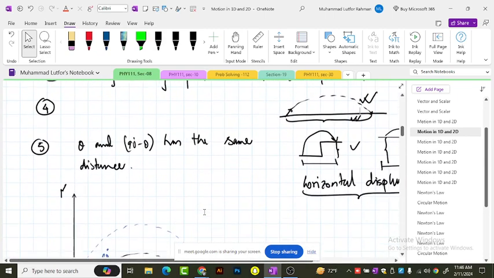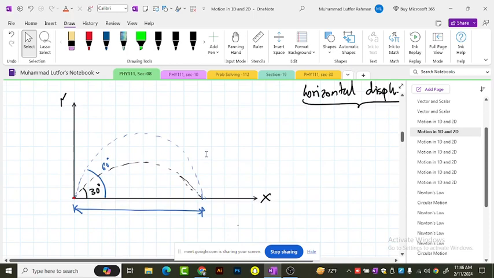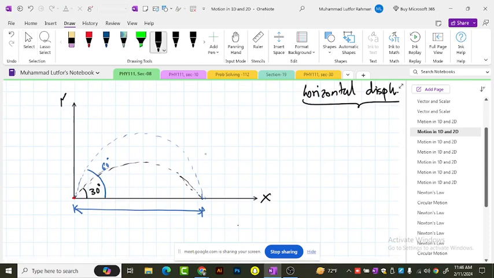One more important parameter: we say that theta and 90 degrees minus theta have the same range, which means, let's say I throw a particle making an angle of 30 degrees, its trajectory would look like this one. If you throw a particle with the same velocity, making an angle of 60 degrees, then its horizontal displacement would be the same, but the time period would be different.